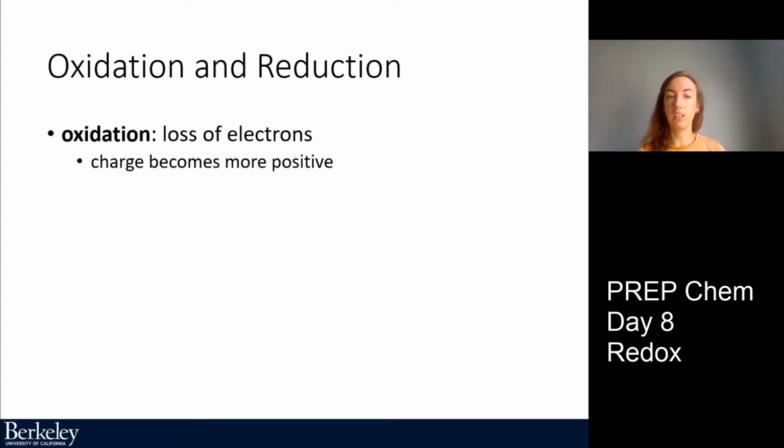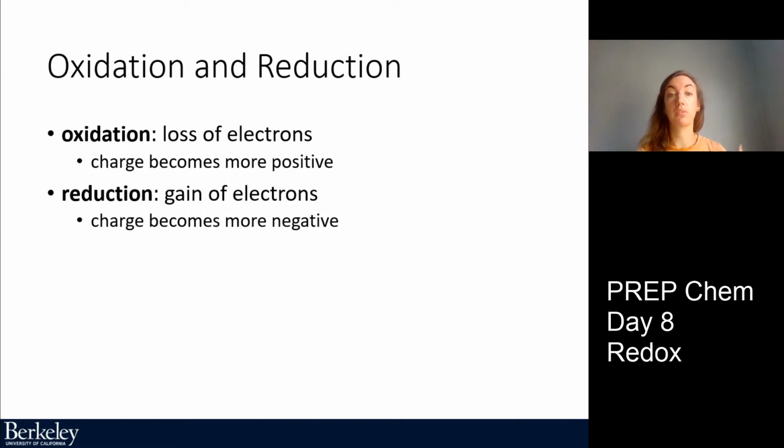And when you lose electrons, electrons are negatively charged, so your charge is now less negative or more positive. So if something is oxidized, it loses electrons and its charge becomes more positive. The opposite of oxidation is reduction. So reduction is the gain of electrons. If you gain electrons, those are negatively charged and your charge becomes more negative.